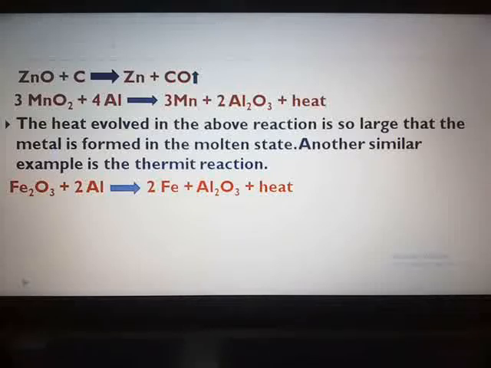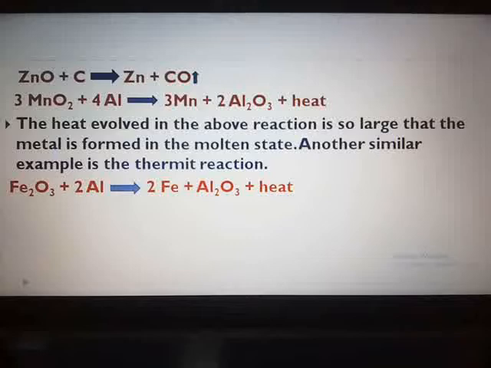Look at the steps. Moderately reactive metals are available in the form of sulfide or carbonate ores. Their sulfide or carbonate ores are converted into their oxides. Now the reduction of that oxide to get the pure metal, where not only carbon but certain reactive metals like aluminium and sodium are also used as reducing agents.